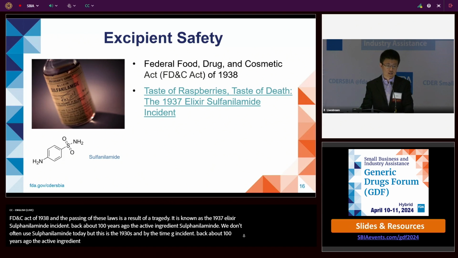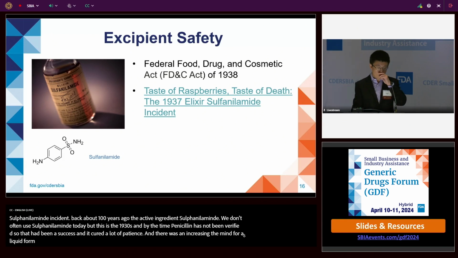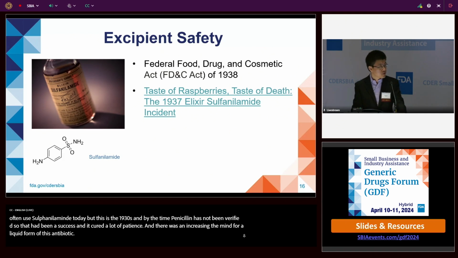So that has been a success, and it cured a lot of patients. And there was an increasing demand for a liquid form of this antibiotic. So one of the drug manufacturers decided to go for it and manufacture a liquid-based sulfanilamide.